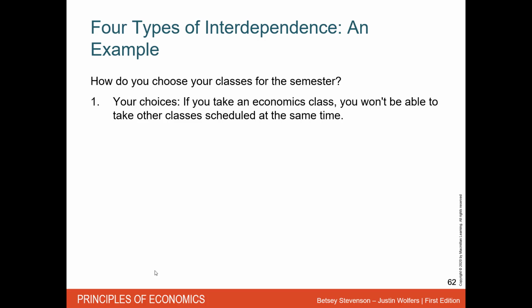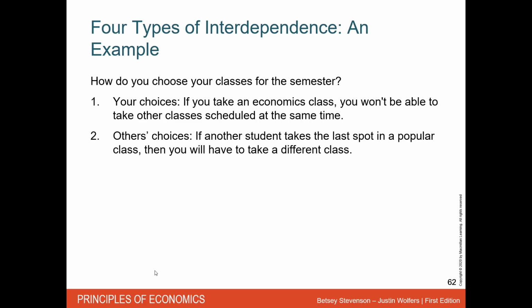That is an example of interdependency number 1, dependencies between your choices. Second, if a student registered for the last spot in a class you needed, then you had to register for another class. Now, this is an example of interdependency number 2, dependencies between other people's choices.